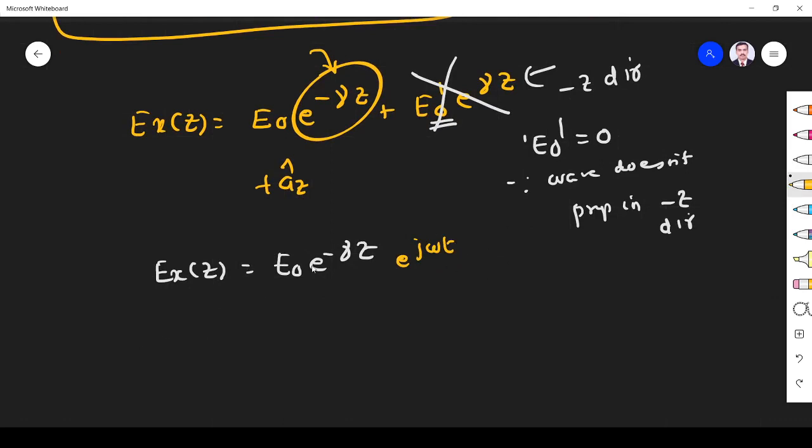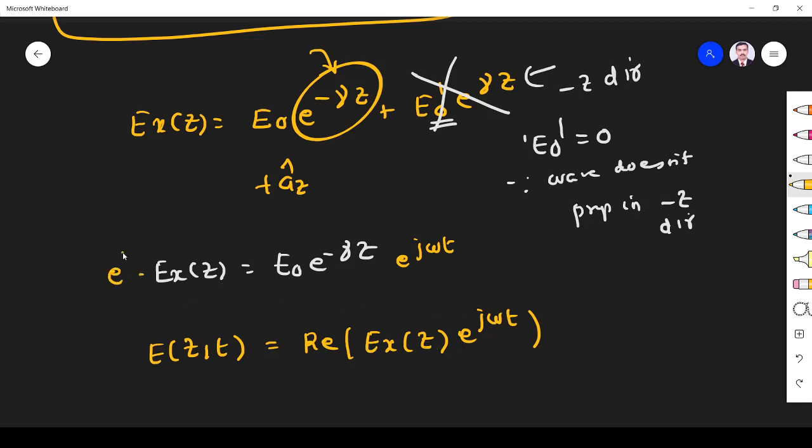Now I bring t, so the equation becomes Ex(z,t) that is equal to the real part of Ex(z) e power j omega t. That means I multiply this on the left hand side and right hand side.